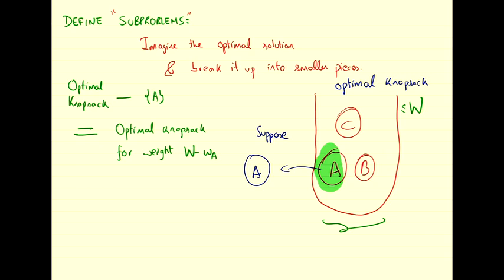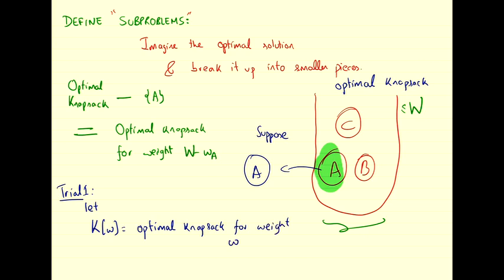Okay? So this seems like you would want to define a subproblem to be, tell me the optimal knapsack for every possible weight. Right? So the trial one would be to say, let K of little w be the optimal knapsack for weight little w, okay?